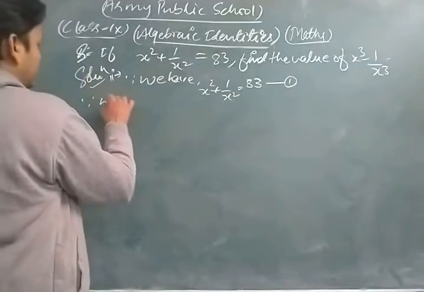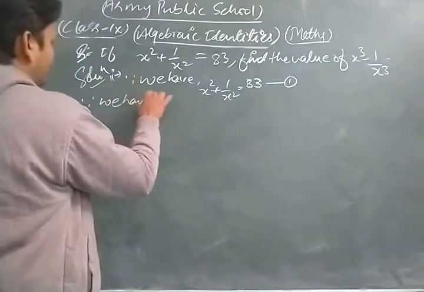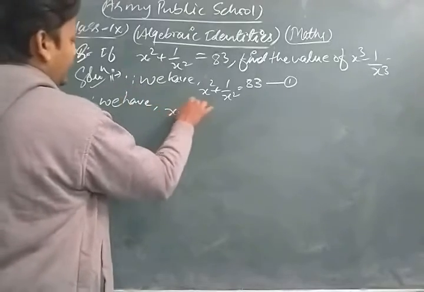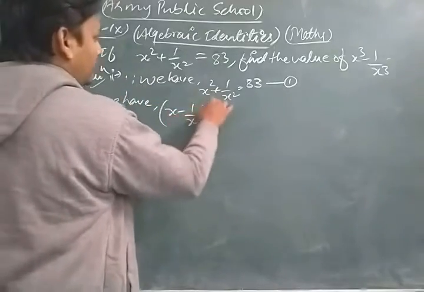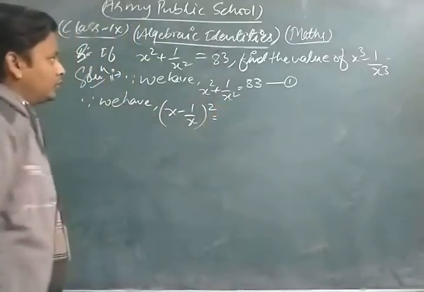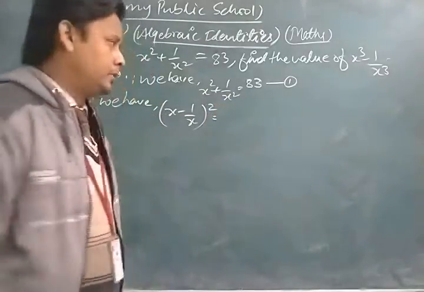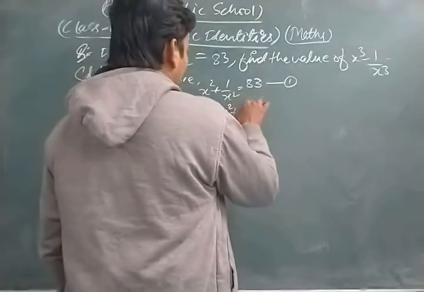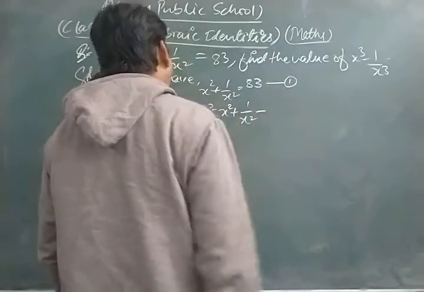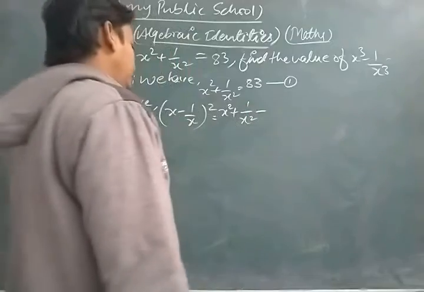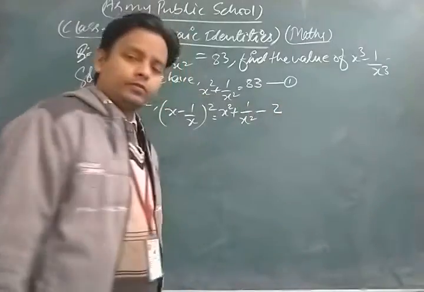Now x minus 1 upon x whole square is equal to a square plus b square minus 2ab, that is, minus 2.